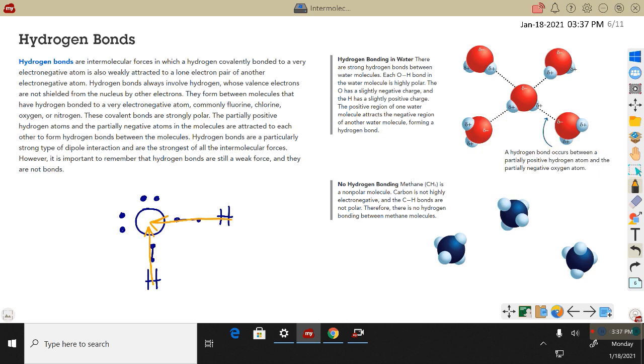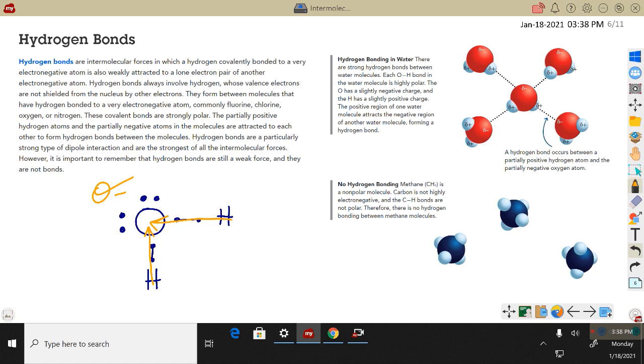Well, now I've got these two polar bonds, but they're not equally arranged around the central oxygen. This is one of those bent molecules. There's nothing else to balance the pull. And so instead of these little pulls canceling, there's just this net pull for the electrons to be up closer to the oxygen.